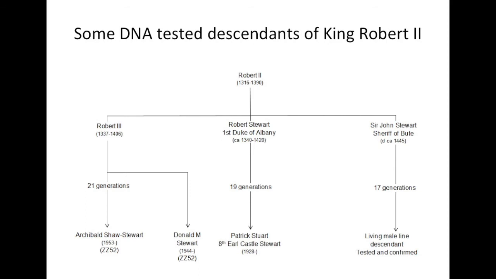This showed that ZZ52 had not been inherited from Robert II, the father of the 3 brothers. So it must have occurred either in Robert III himself or in one of his descendants. And so far, 5 other individuals have been found to carry ZZ52, one of them being Donald Stewart here, who still lives in Scotland.